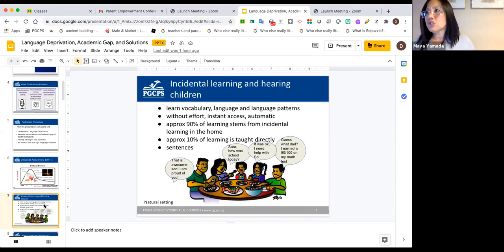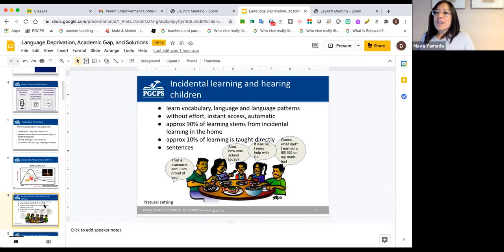You don't really teach vocabulary and sit down and say, okay, today we're going to learn about this. We do that if we're helping our child with homework, but we don't do that on a daily basis. So direct instruction does not happen often. It usually starts happening when your child starts school.